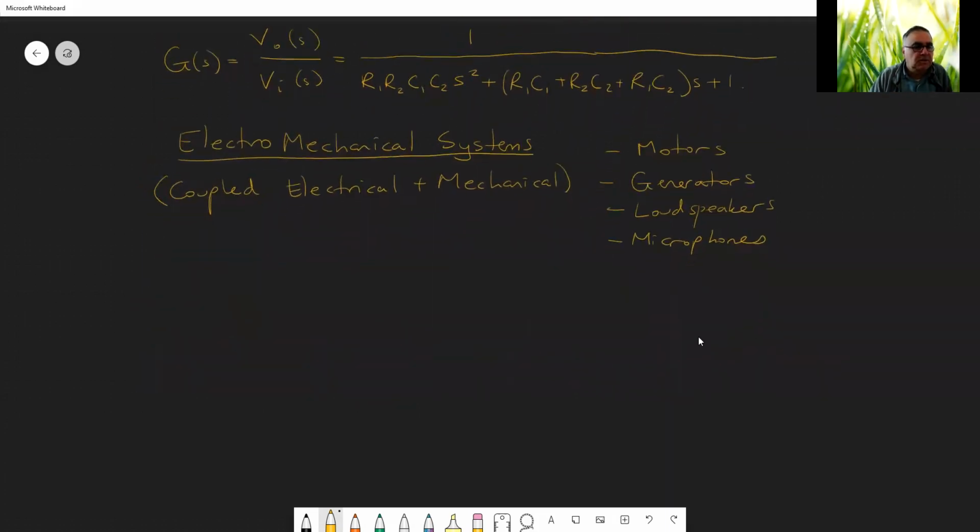The whole idea is the following. If I give you a motor, let's say, a DC motor, the motor has a voltage applied to it. There is a current going through the motor, and the motor's output is from a shaft, like here.